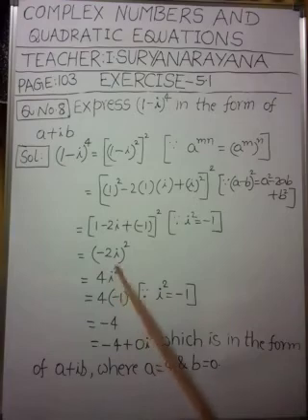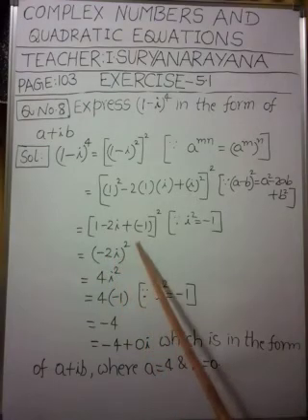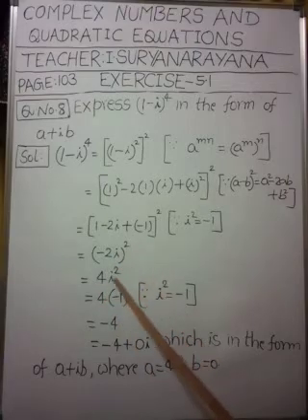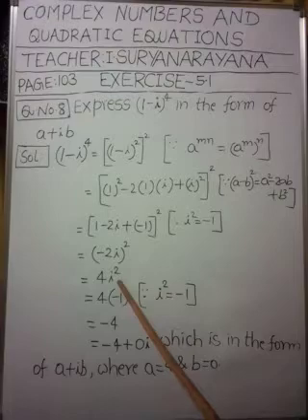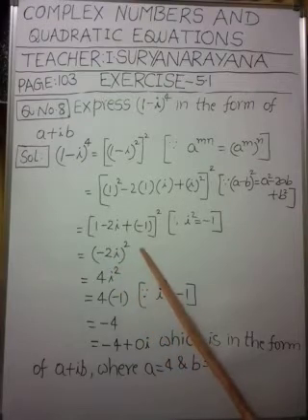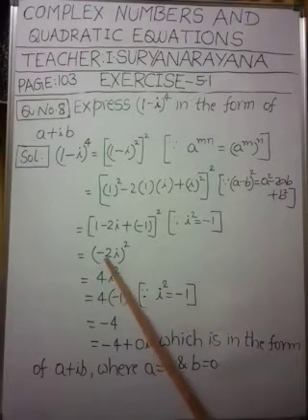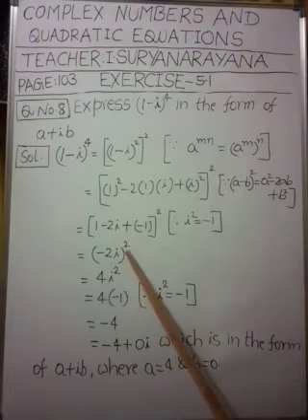Right. What is the value of minus 2i whole square? Minus 2 whole square. What will you get here? 4i square. Understood, my children? Because by using the laws of exponents, ab whole power n is equal to a power n into b power n. Here a means minus 2, b means i, n means 2.